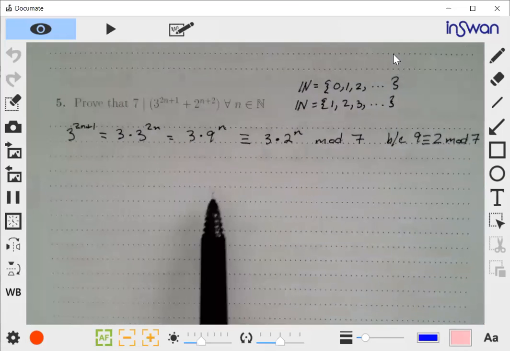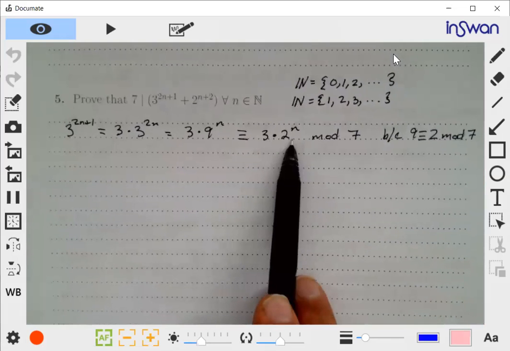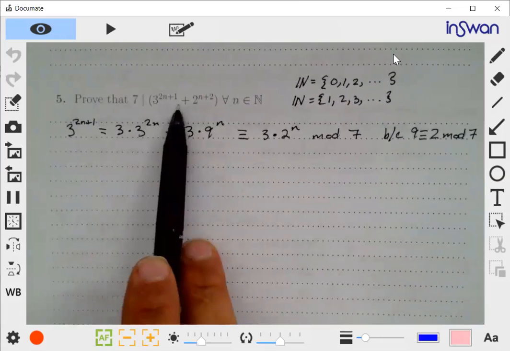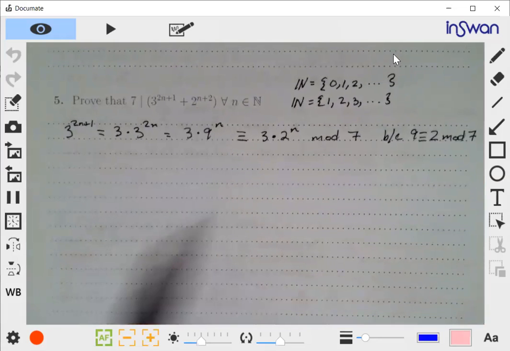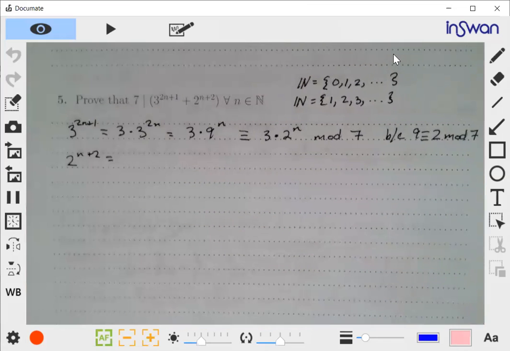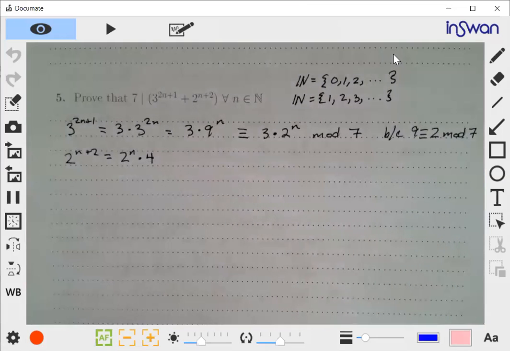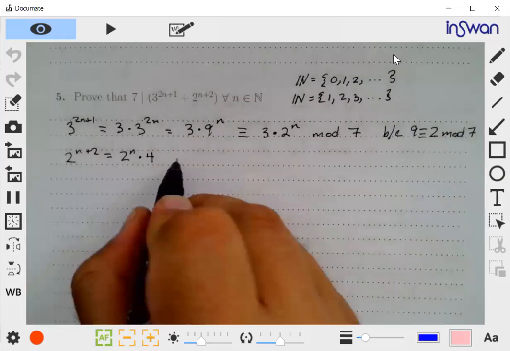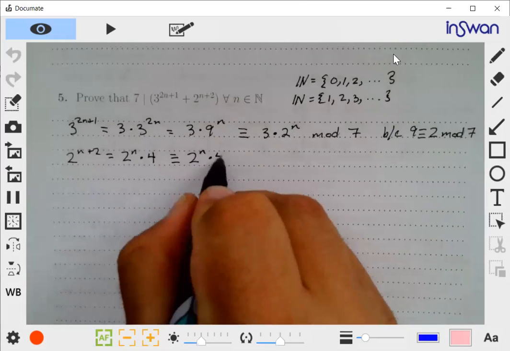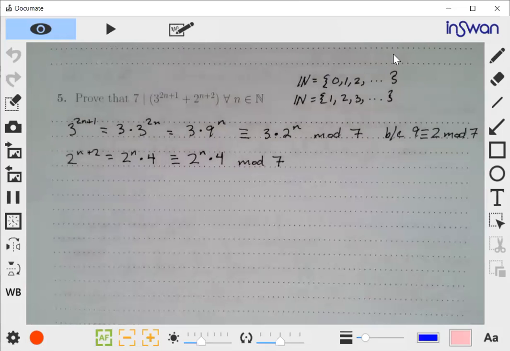Okay? So why did I want to set this up? Because now I have a 2^n in this 3^(2n+1), and I also have this 2^n here. So 2^(n+2), we know, is equal to 2^n times 4, which would be congruent to 2^n times 4 modulo 7.